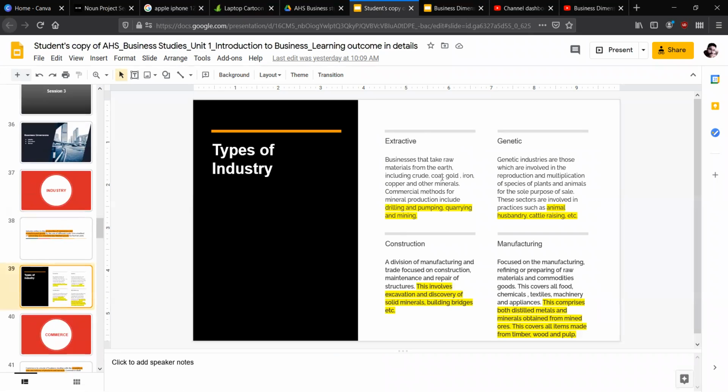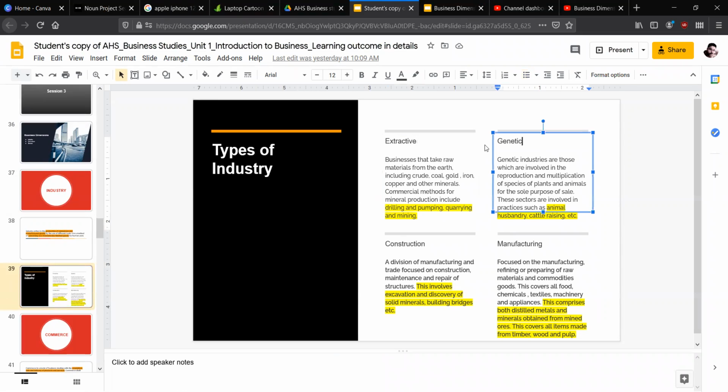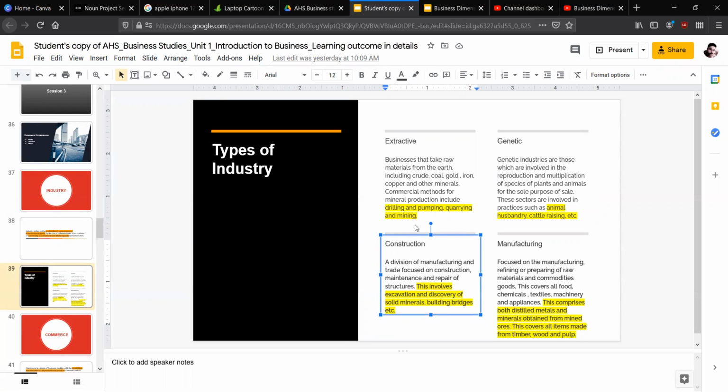Okay, so start with industry. What are the raw materials being used? What industry is it? Is it genetic? No. Is it construction? No. Manufacturing, definitely, right? Extractive. So maybe they are mining some of the metals that are being used to make the cell phone.